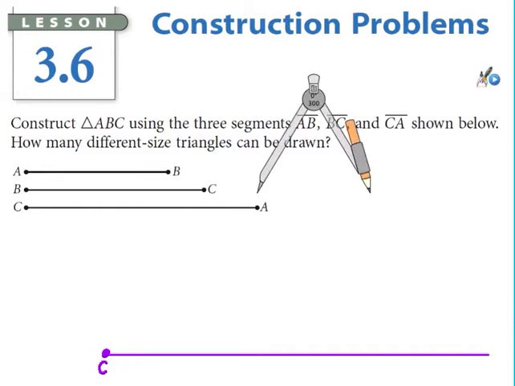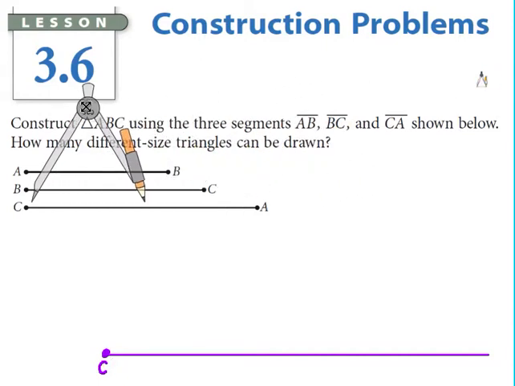So first thing I'm going to do to duplicate CA, remember us, I'm going to go ahead and place one end of the compass on C. Oops, I didn't want to do that. Let's undo. There we go.